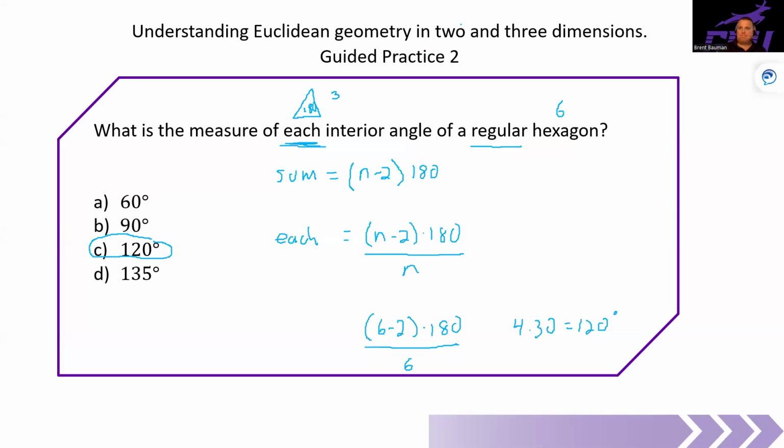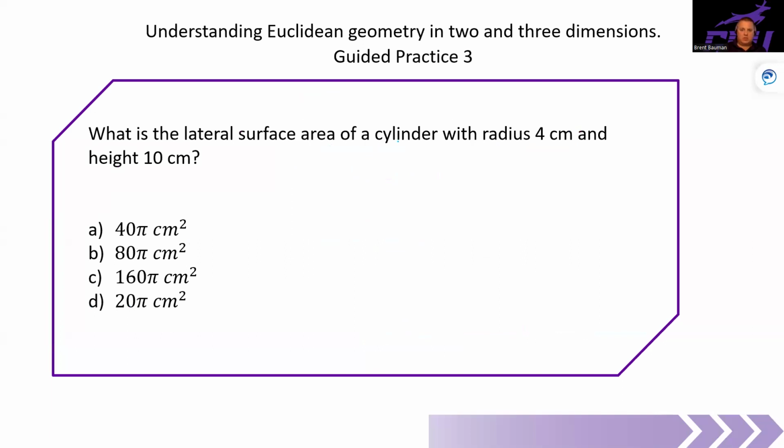Okay, let's look at one more that requires us to maybe generate what we need. What is the lateral surface area of a cylinder with radius 4 centimeters and height 10 centimeters?